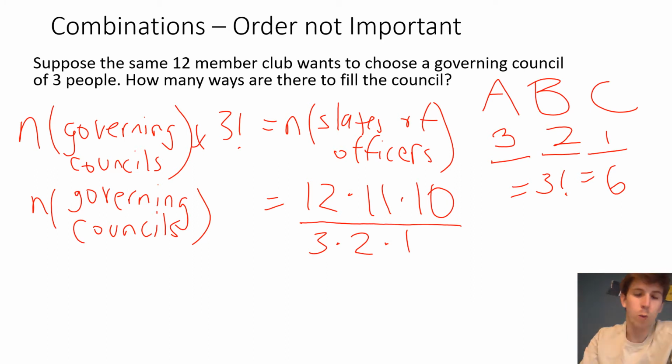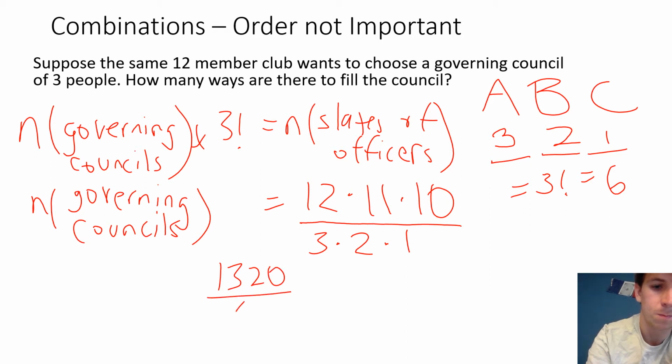So 12 times 11 times 10, that's just that 1320, divided by 3 times 2 times 1, which is just 6. We get 220 ways.